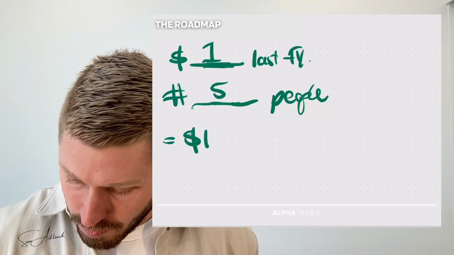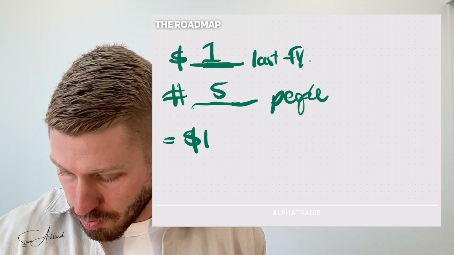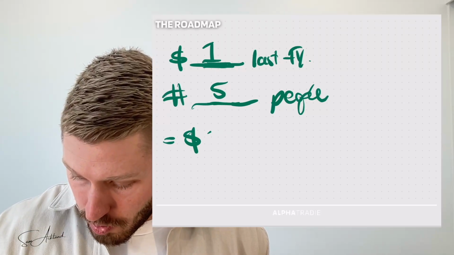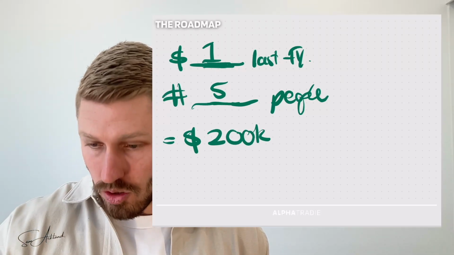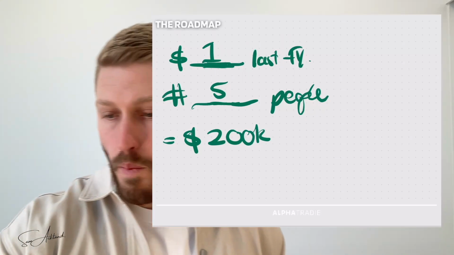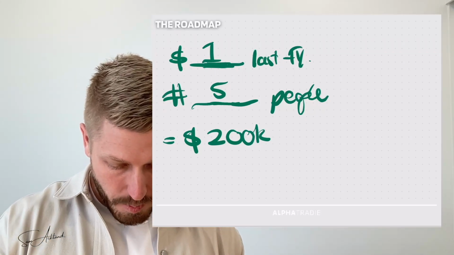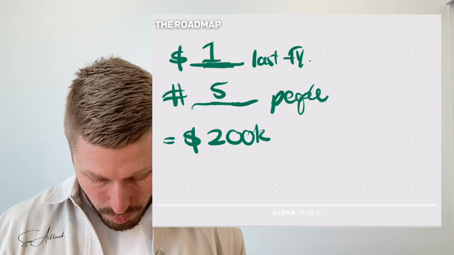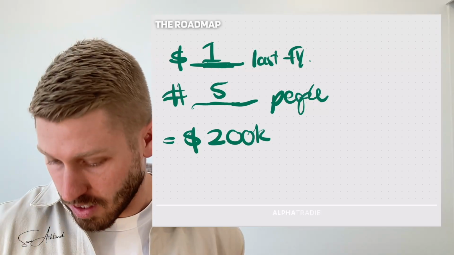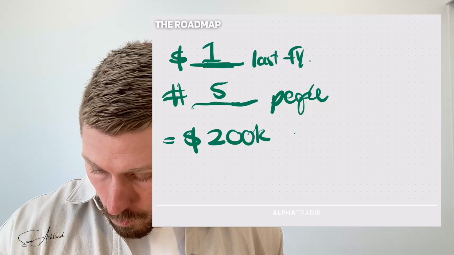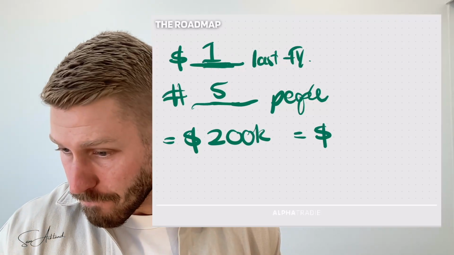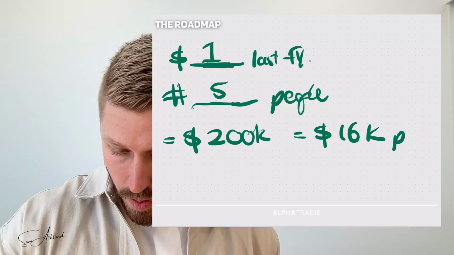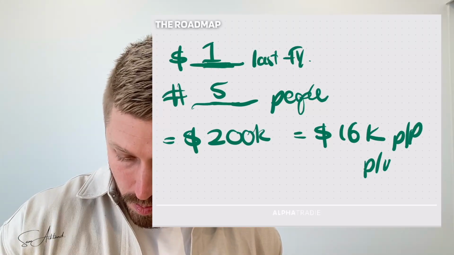Let's say we had 5 people, which means that if we had 5 people, each person can do 200K. So let's get the calc out and make sure my sums are correct. We go 200K divided by 12, should be 166, excellent. So we go 16K per person per month.